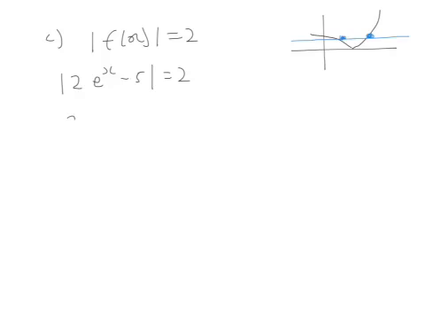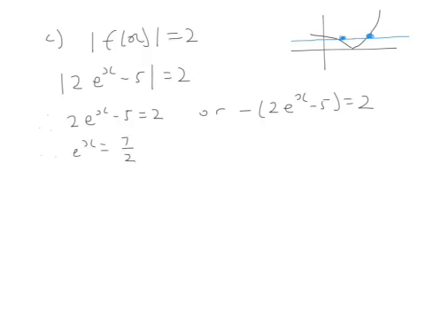So therefore we have 2e to the x minus 5 equals 2, or we have minus 2e to the x minus 5 equals 2. This is the normal graph, this is the reflected graph. So therefore e to the x is 7 halves. In other words, x is ln 7 halves.